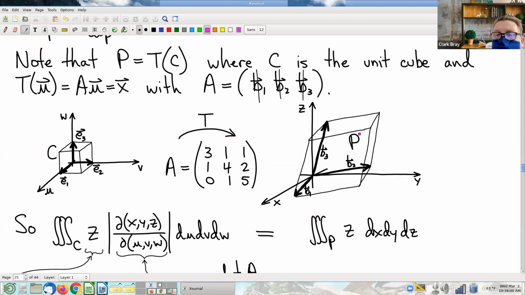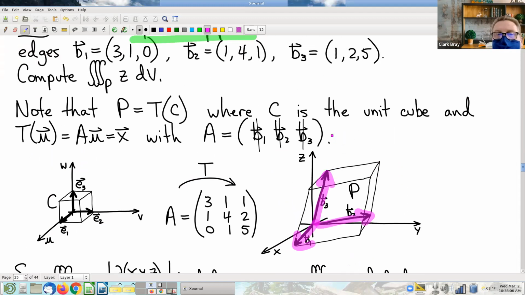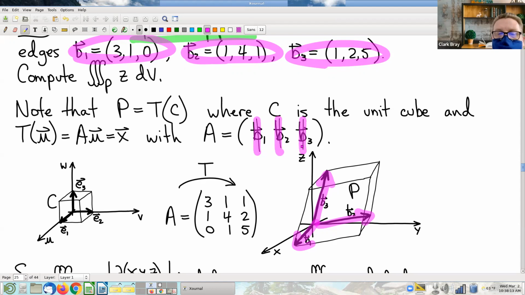all you've got to do is take your three defining vectors that are given, make those the columns of a matrix, and then use that matrix to define your linear transformation.